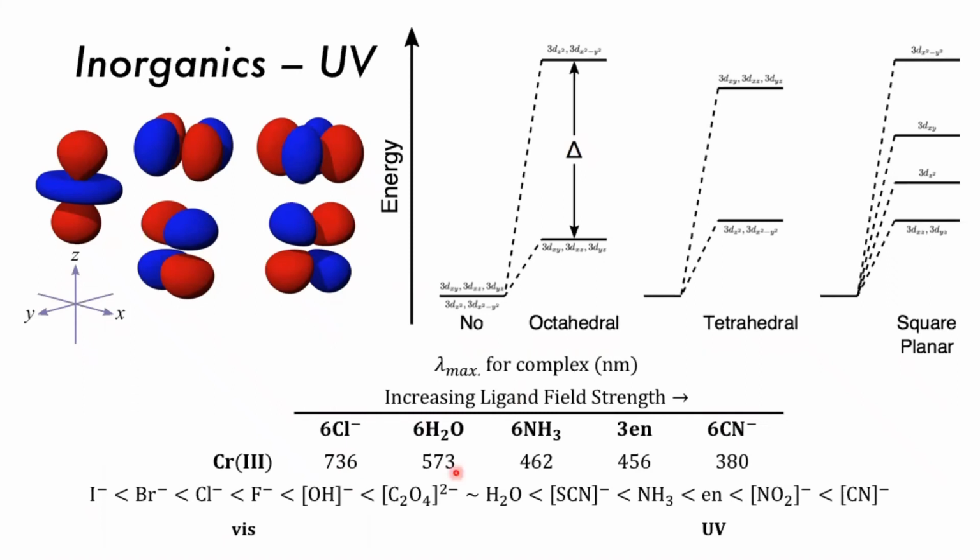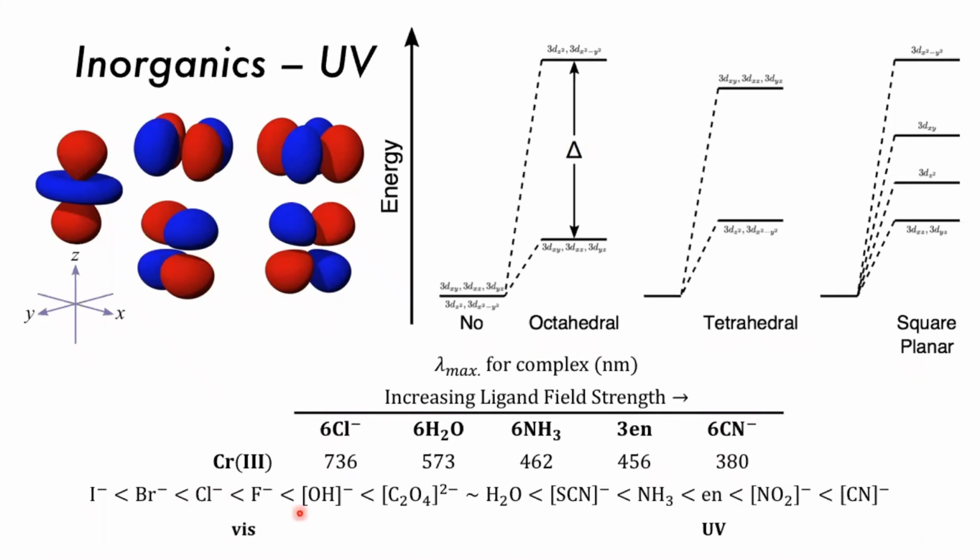Water shifts, ammonia shifts, the diamine shifts, and then the cyanide. The numbers here are 6 cyanides, 3 diamine ligands, 6 ammonia ligands, 6 water molecules, 6 chloride ligands. So you can see that we shift from visible through to closer to UV, although still pretty much in the visible.